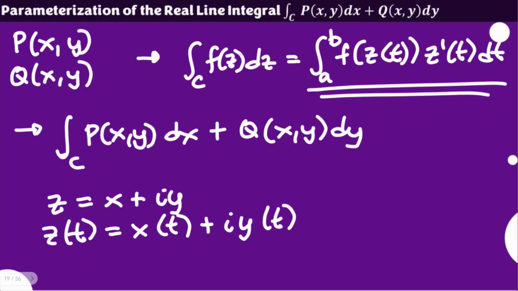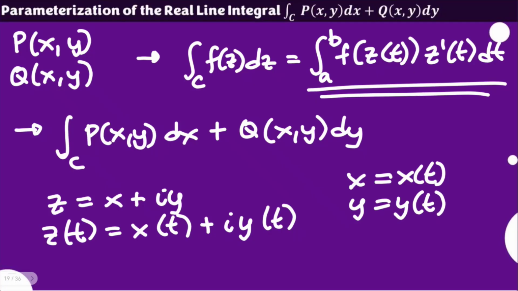And take note that in this case, our x stands for x(t) now, and our y stands for y(t). Similarly, just for the purpose of discussion, our t is between a and b, the endpoints of your curve, in this case for your real line integral.